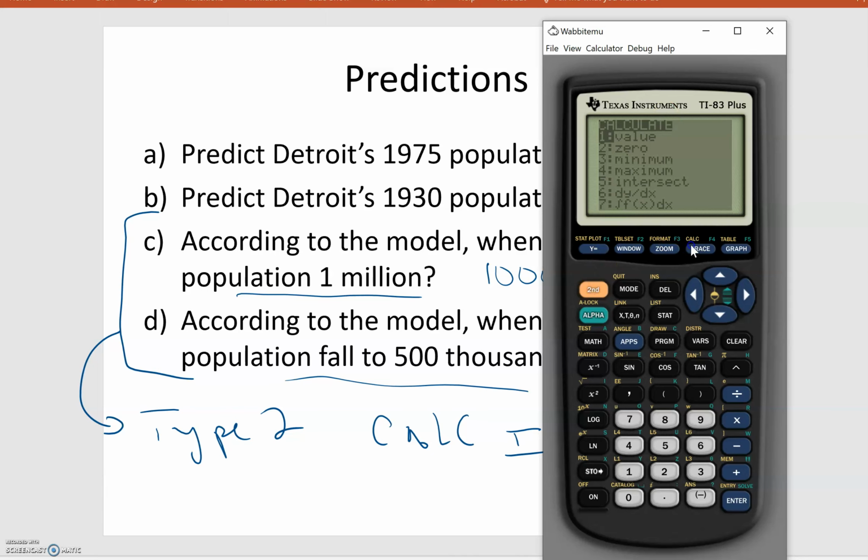Now we can do our intersect. And of course, it's going to be hard to see. Okay, first curve, that's fine. Second curve. This window is kind of making it... Oh, there we go.